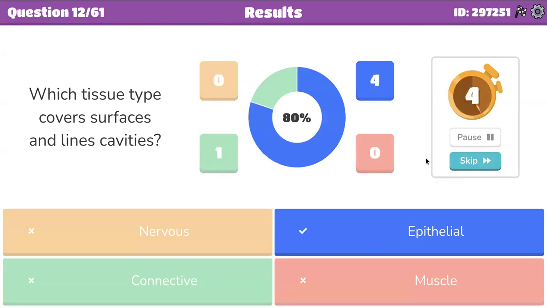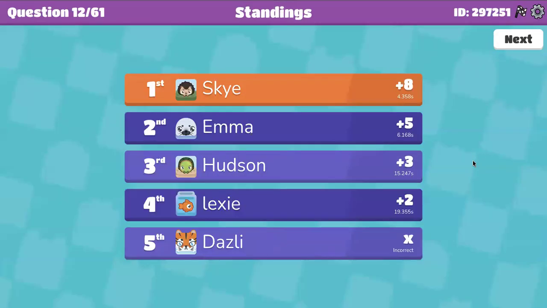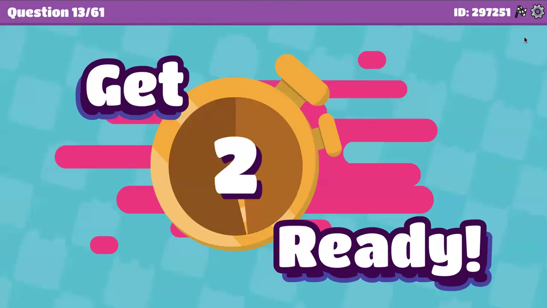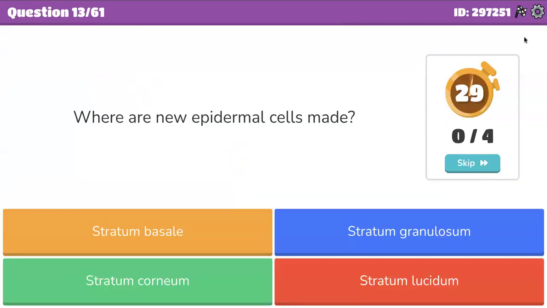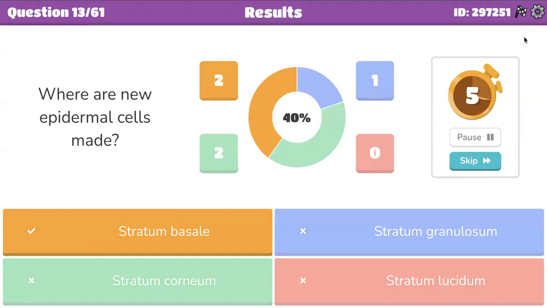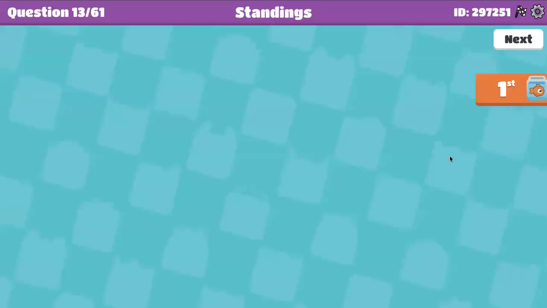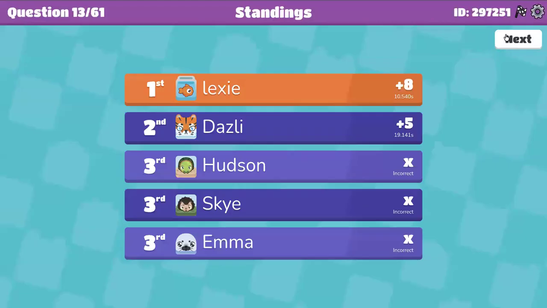Yep, epithelia. Where are new epidermal cells made? The basal layer. If you burn your basal layer, then you will stop producing epidermal cells.